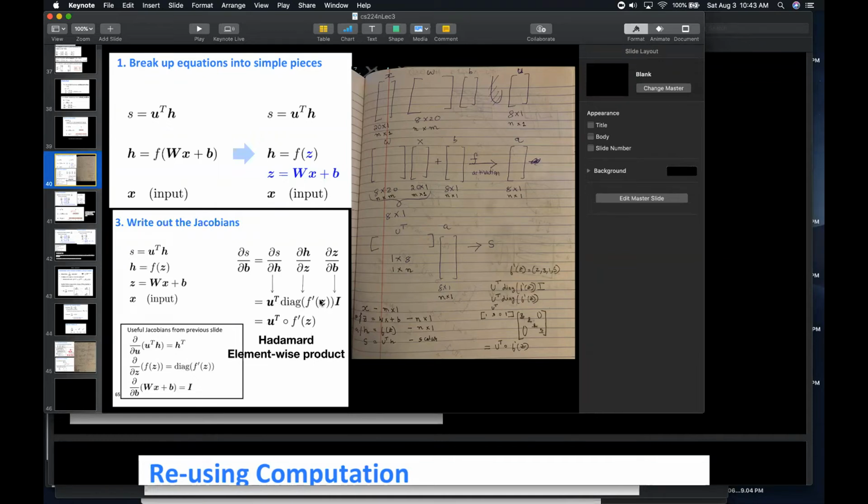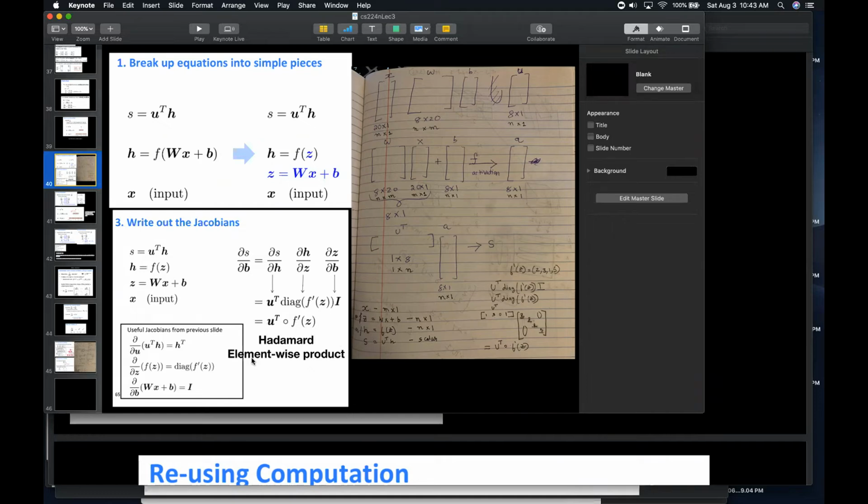Now, how does this become u transpose into f dash of z, where this into is basically Hadamard? And Hadamard is nothing but an element-wise product. Something to keep in mind is that you're not going to follow the conventional matrix rules, like m cross n into n cross p giving you m cross p.